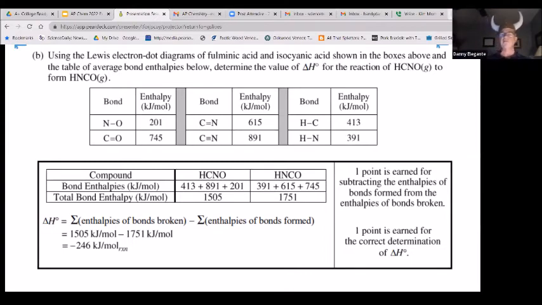So even if in doing the math, you were like, oh man, I can't math today, even if you just showed the work of showing that it's bonds broken minus bonds formed, you would totally get the point there, and 1 point for the correct answer of -246 kilojoules per mole. Cool. All right, so that's 2 points there.